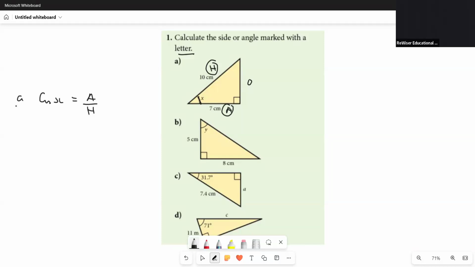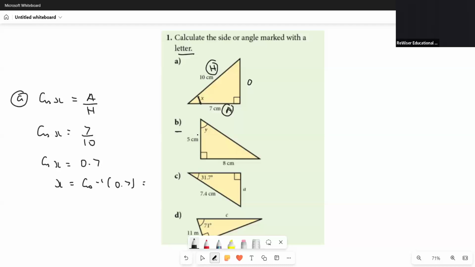So if I'm responding for the A part of the question, we get cos of x as equal to adjacent over hypotenuse. So that means it's 7 by 10, or cos of x is 0.7. We can easily get x as cos inverse of 0.7, put the answer in degrees or in radians, whatever is asked for. So that's how we reply to the A part of the question.